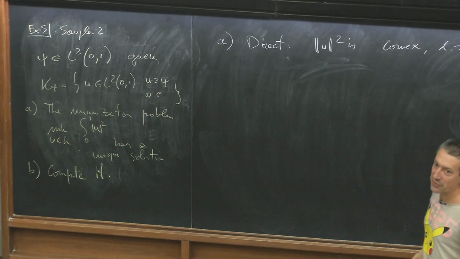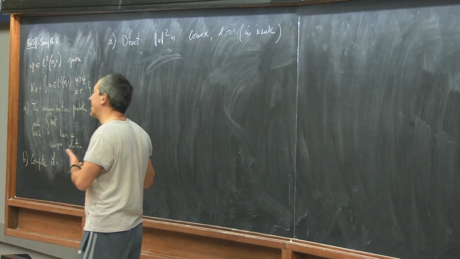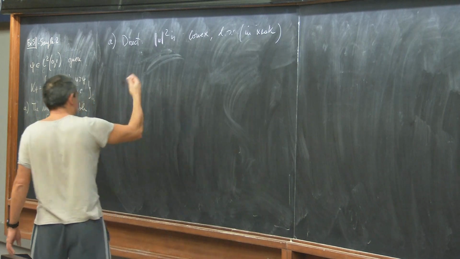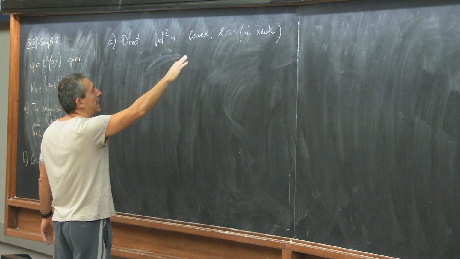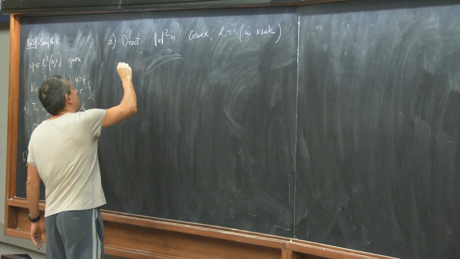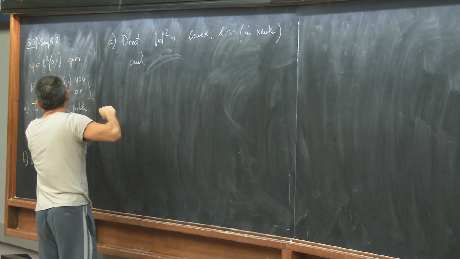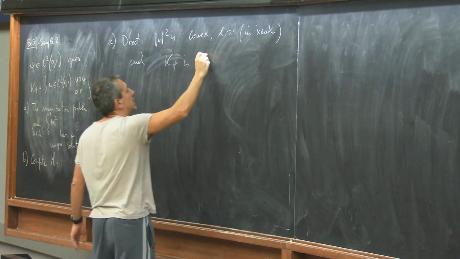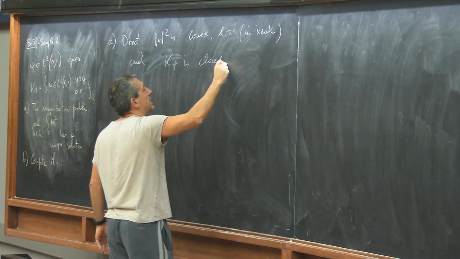Because if I forget everything, I can forget the theory, but this is really the direct proof. And this set here, K psi, is closed and convex.